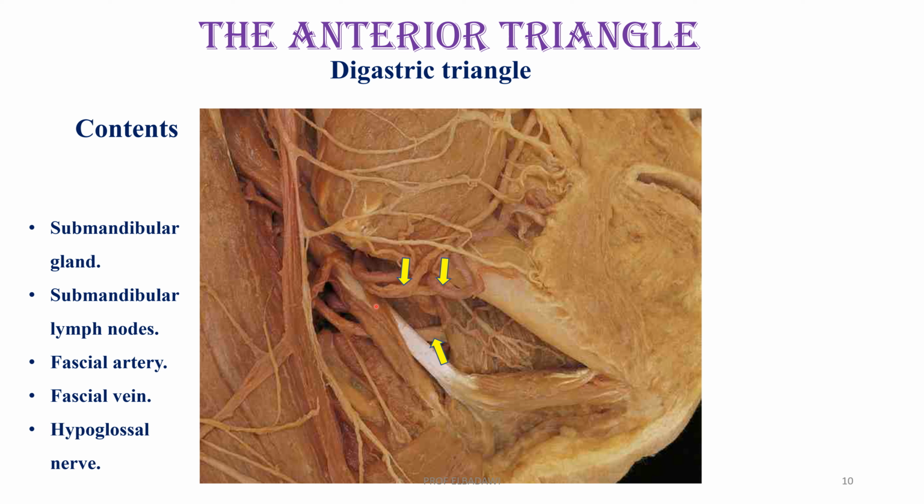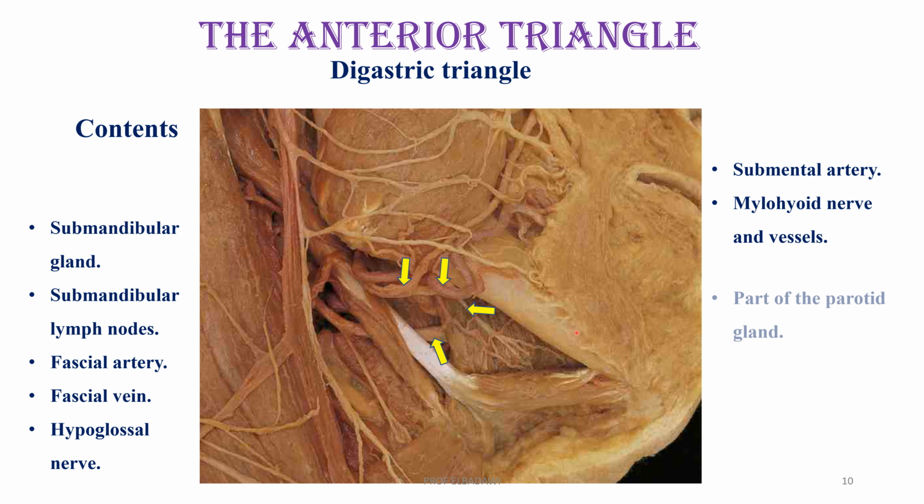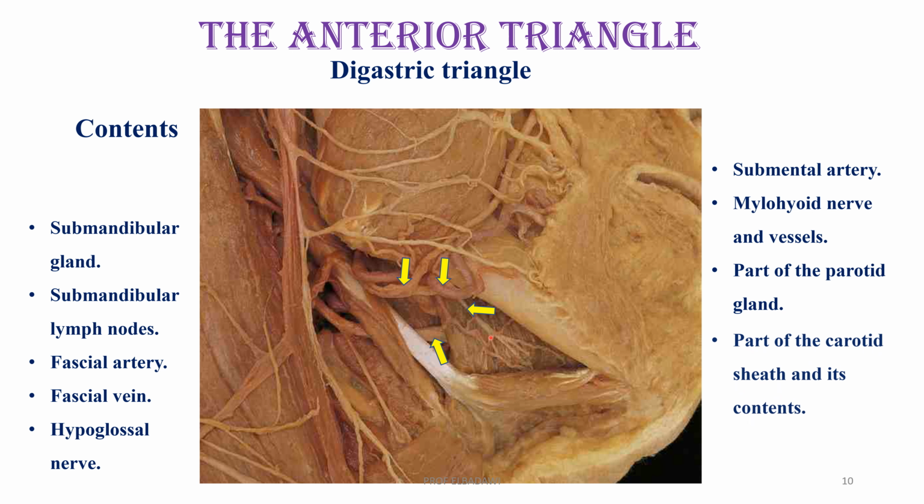Then the hypoglossal nerve, which passes between the mylohyoid and the hyoglossus. The submental artery is not found here, but is deep to the mandible, and both the mylohyoid nerve and mylohyoid vessels are on the surface of the mylohyoid, and part of the parotid gland and part of the carotid sheath and its contents concealed by the posterior belly of the digastric.